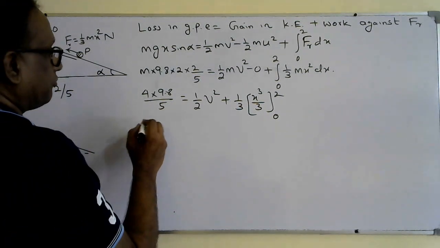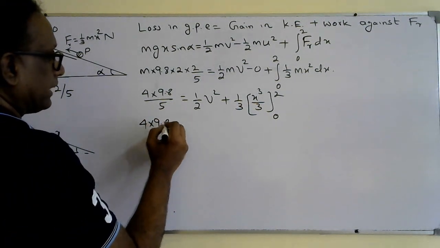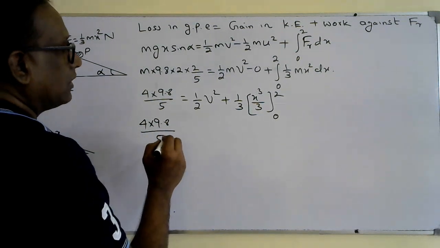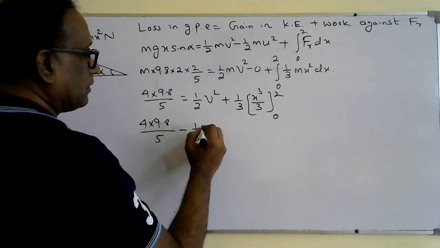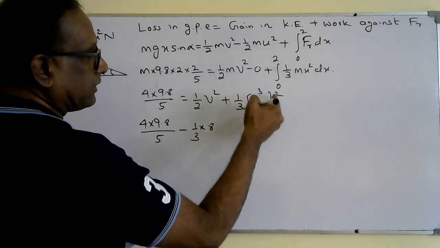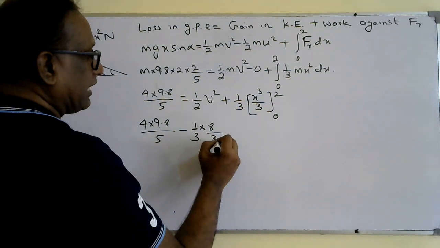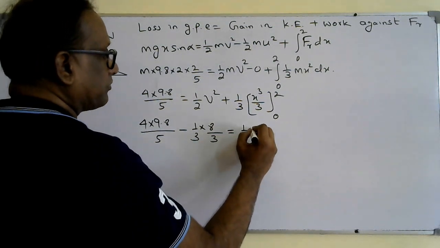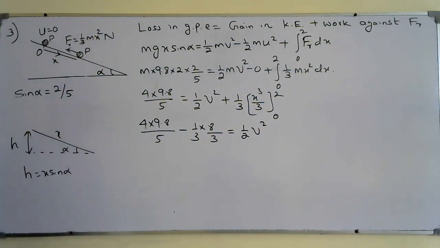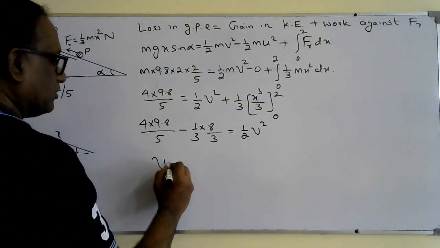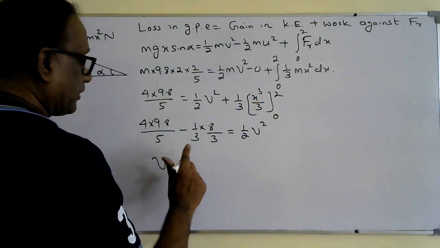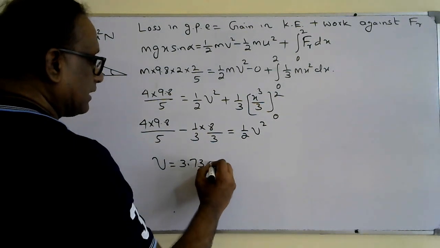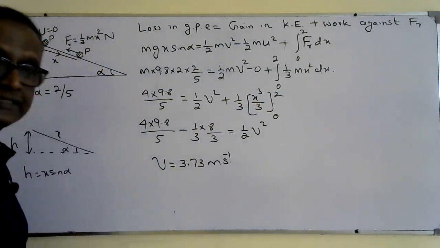So 4 times 9.8 over 5 minus 1/3 times 2 cubed, which is 8 by 3, equals half v squared. Solve it and you will get v equal to 3.73 meters per second.